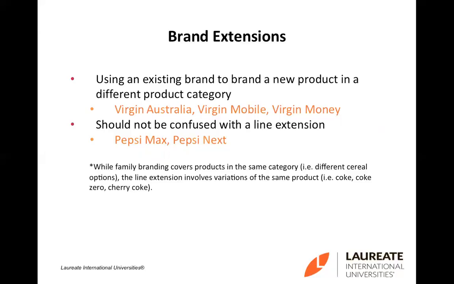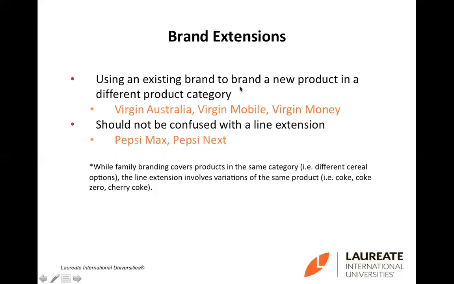Okay? And this one is not the same as line extension. If you look at Pepsi Max and Pepsi Next, they are line extensions. So line extension is actually using the same brand name for the same product category.